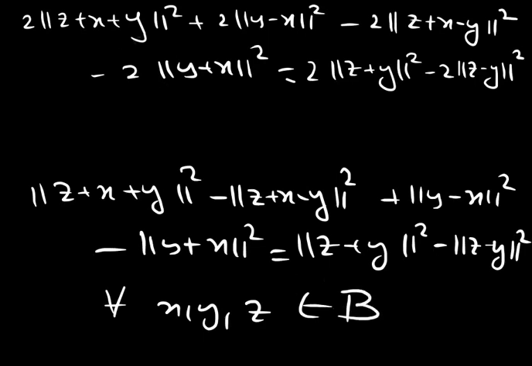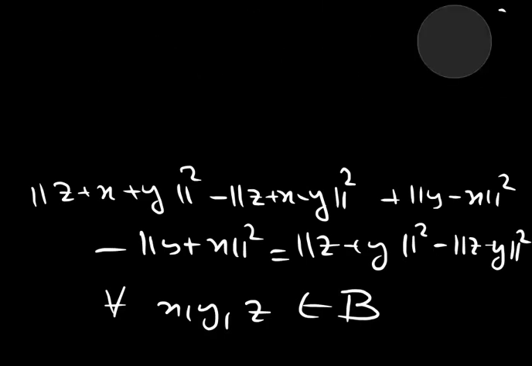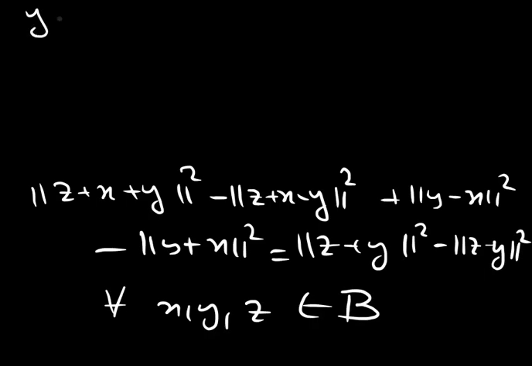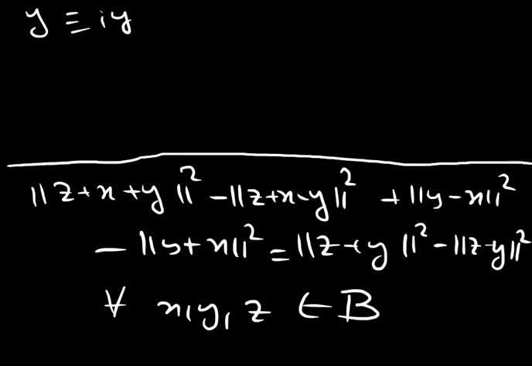If this is the case, then if B is a complex Banach space, we can replace y with iy in this thing. If you replace this with iy, what terms do we get over here?